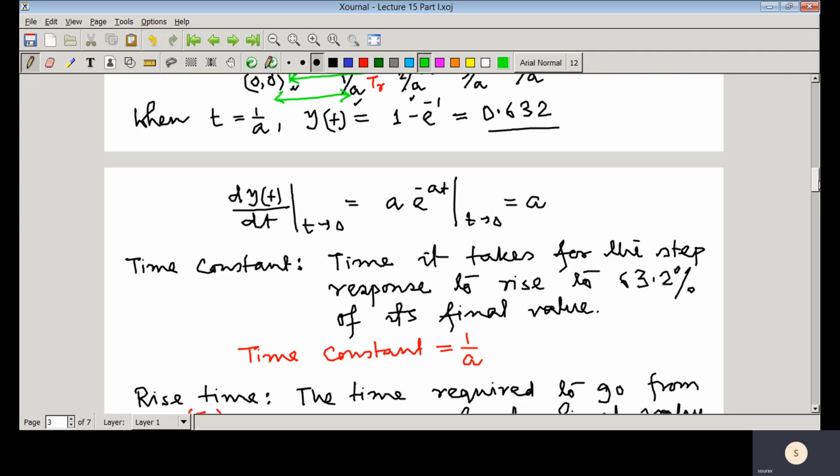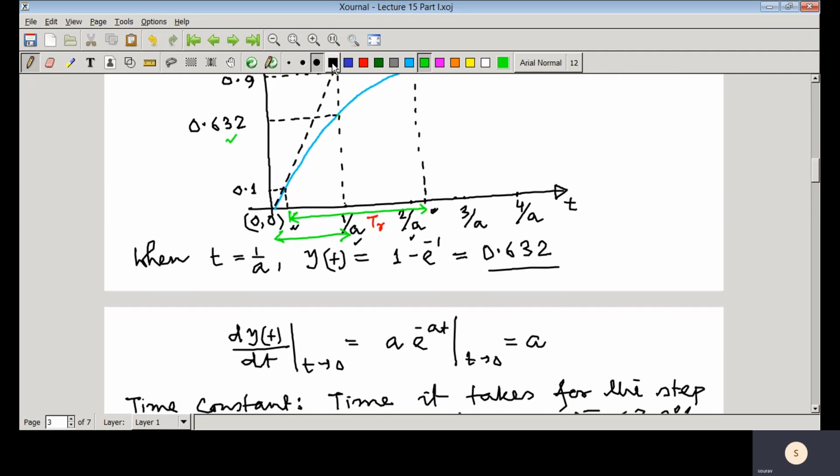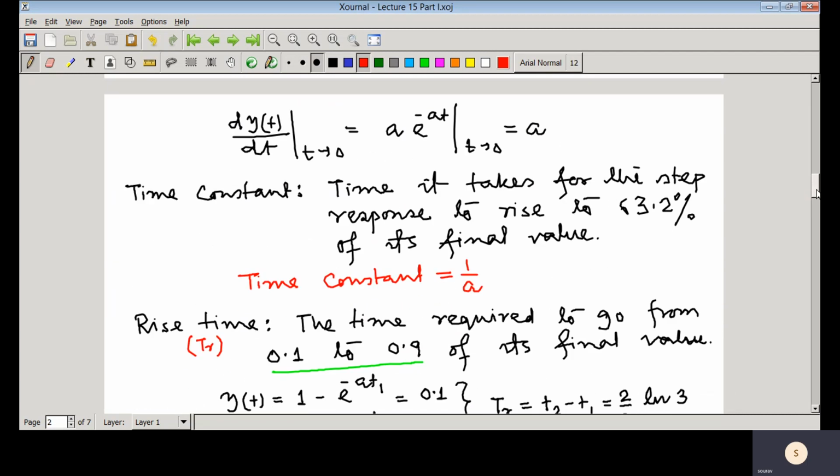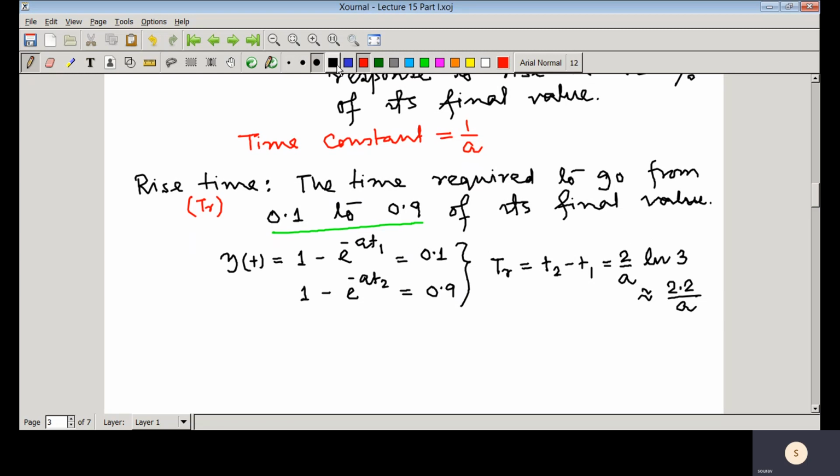So if we say that this is equal to T, that is 1 by a, basically it would be equal to 2.2 times the time constant T.